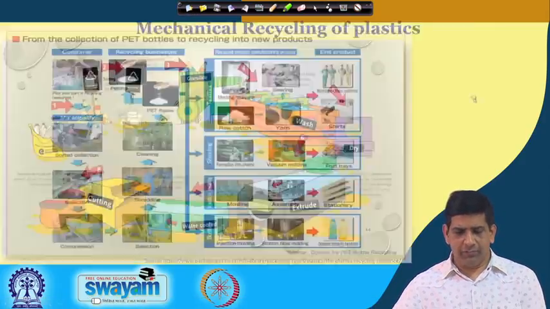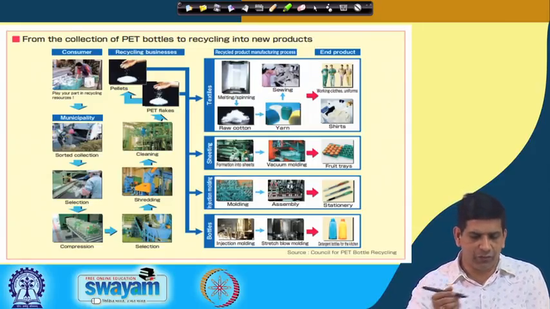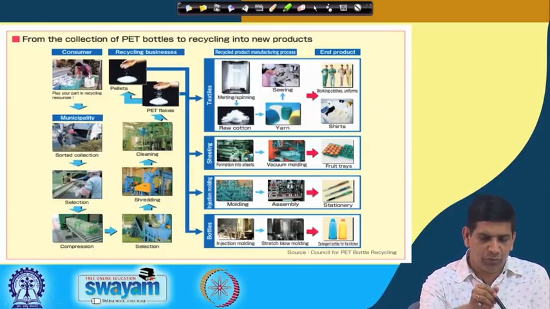That was the process, from collection of the PET bottle up to the new products. This was the last slide we saw in the previous video, where the waste from the consumer is collected by the municipality and sorted out, then compressed and baled.